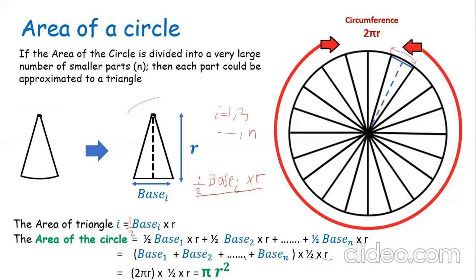And this sum between the brackets is nothing but the circumference of the original circle, and we know that it equals 2πr. So instead of this sum, we have 2πr. This is multiplied by half multiplied by r, so we end with π multiplied by r squared. And this is the area of the circle.